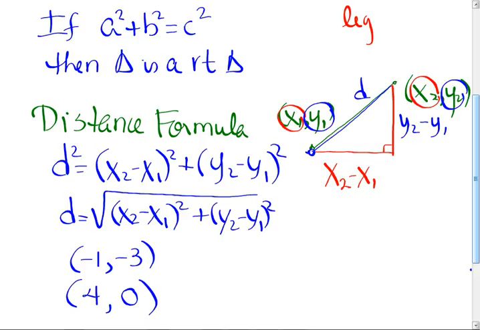Zach, do you need to sit someplace else? No. Then you need to be quiet. This is the square of the distance. This is the distance. So how do you solve for D? You square root and you square root. Okay.